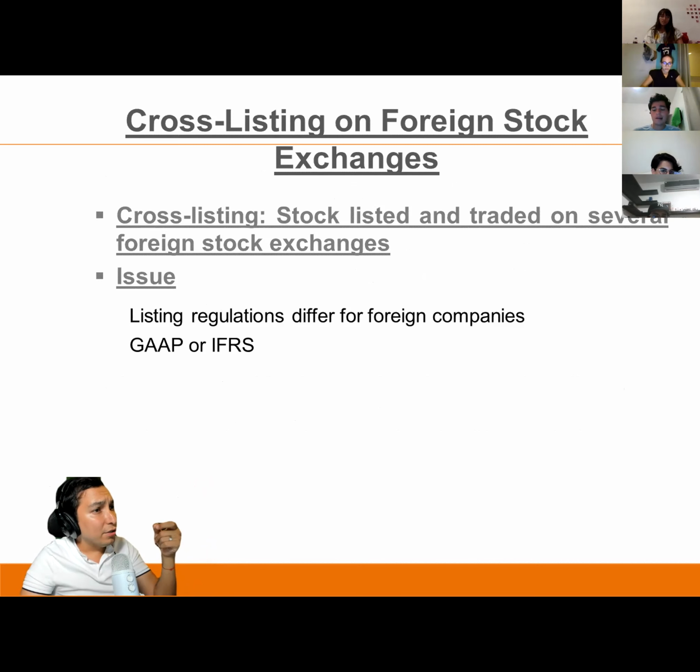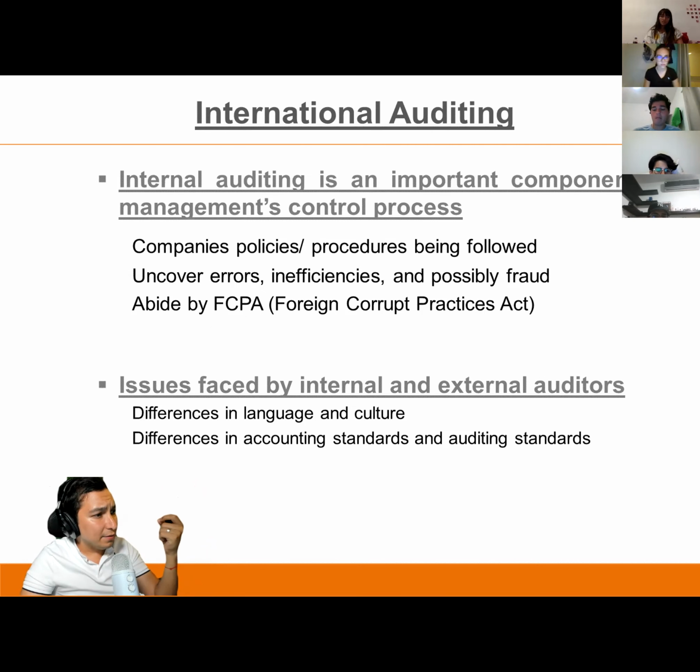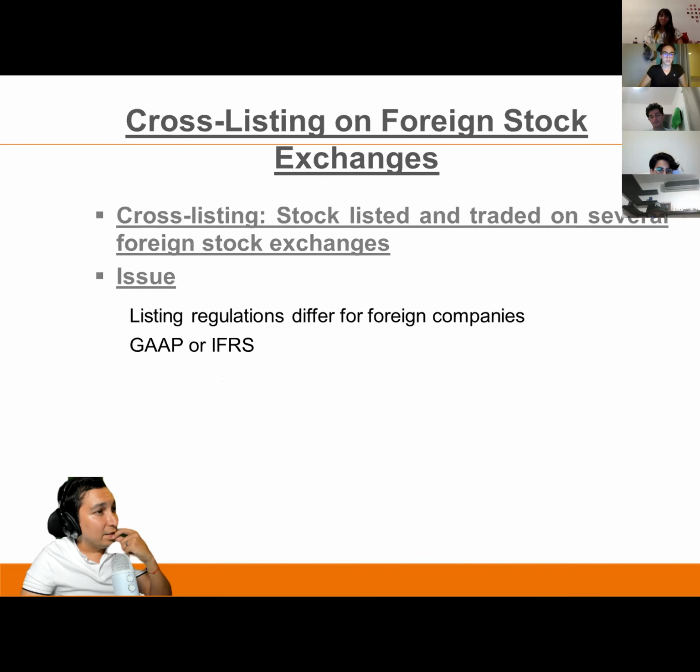So, cross-listing. What is cross-listing, guys? Anybody? What is listing in foreign stock exchanges? When you go to the stock exchange and do an IPO for your company, it's not the same as cross-listing on foreign stock exchanges.